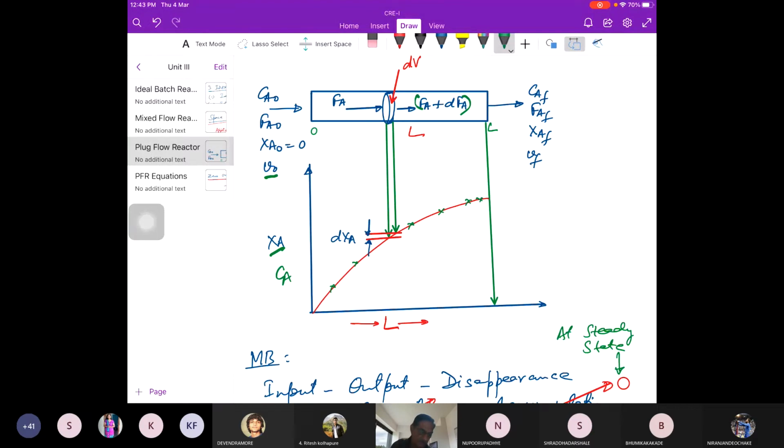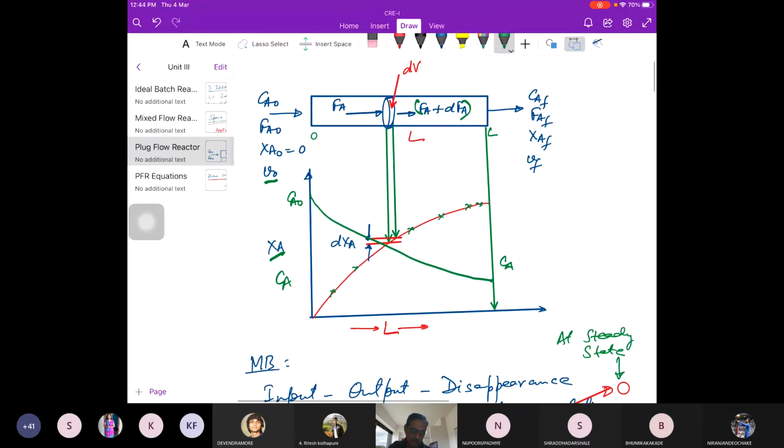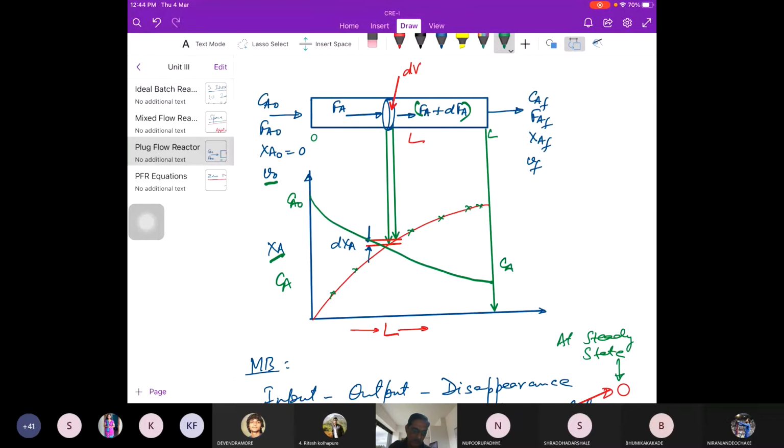Okay, concentration curve will be something like this. This will be Ca naught, and this will be Ca. It will not be exactly like this. थोड़ा curve आएगा. It will depend on the rate of reaction over रहेगा, but it will be like this. The concentration will continuously decrease as the reactant flows from left hand side to right hand side.